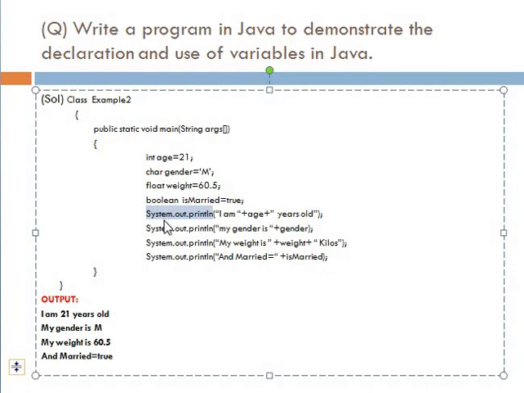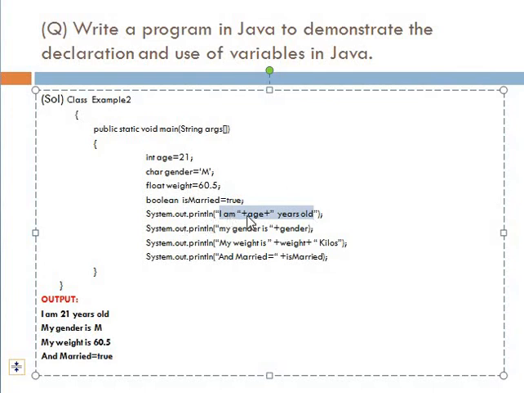Here System is the Java library class, out is the object of the Java library class called System, and println is the method called by this object called out to print the text in the standard output device, and the text it's going to print is this one, within the brackets.